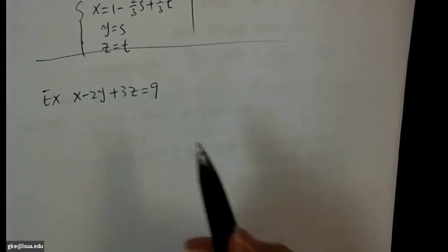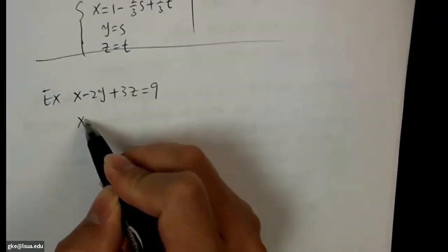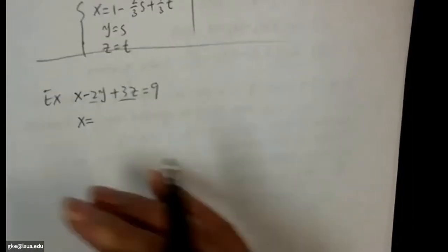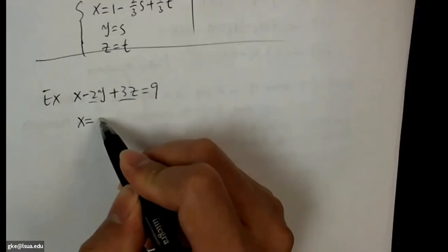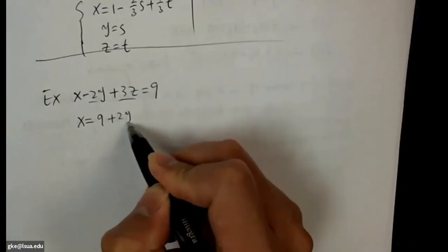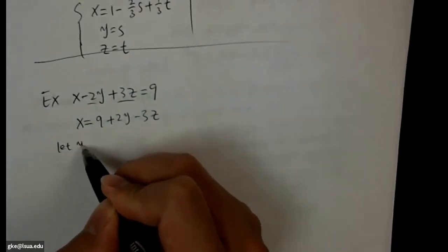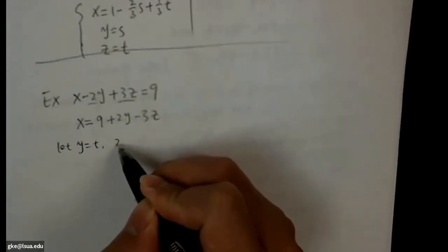Okay, anyway, so let's solve this problem. Of course, we can use the same strategy we learned before, just move these two terms to the right-hand side. So we have 9 plus 2y minus 3z, right? And then we let y equal to t, z equal to s, for example.